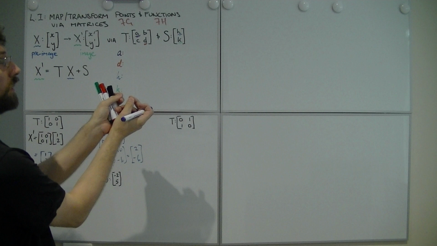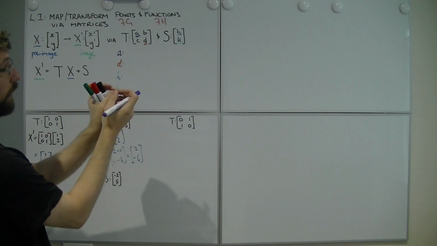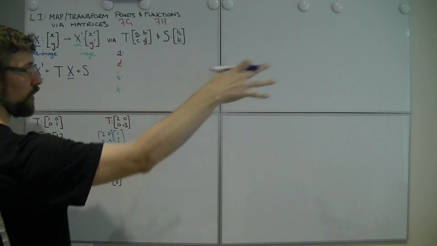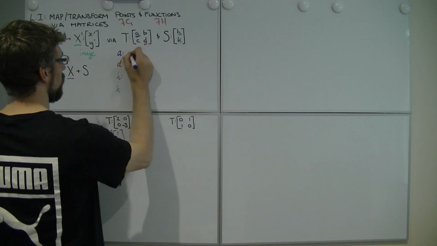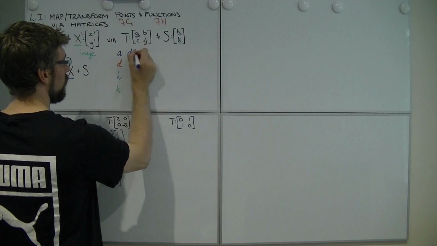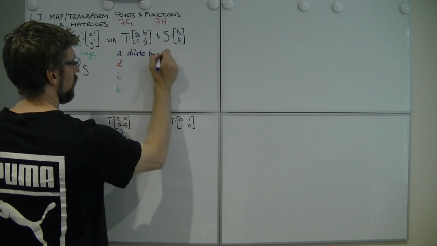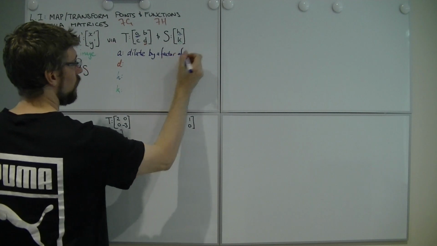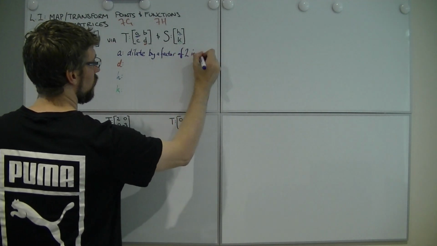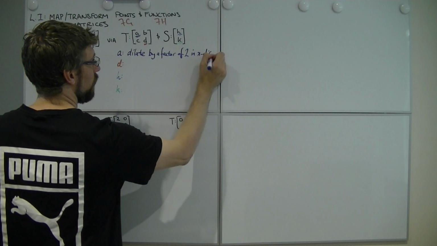So if I think of x coordinates, and I'm pushing them by a factor of 2, that's the same as dilating by a factor of 2 in the x direction.